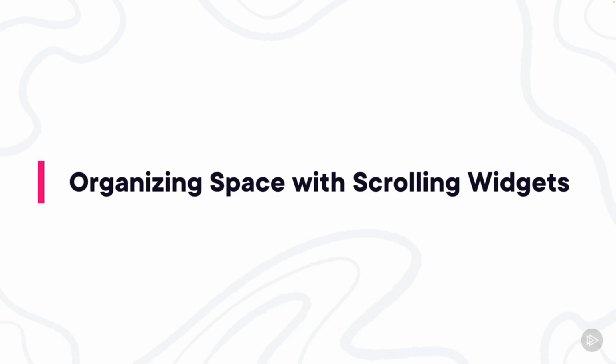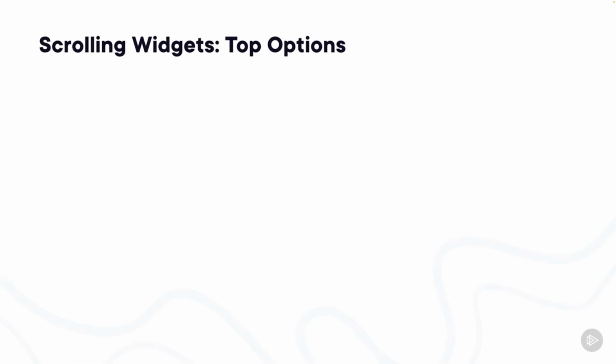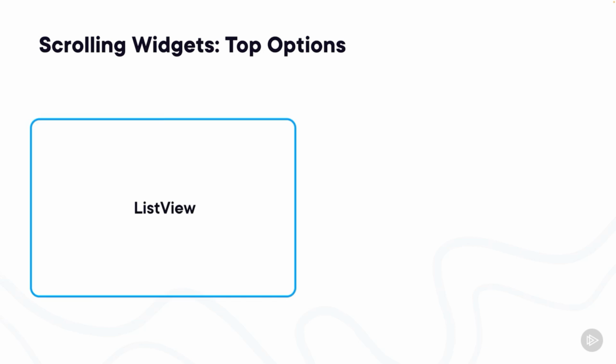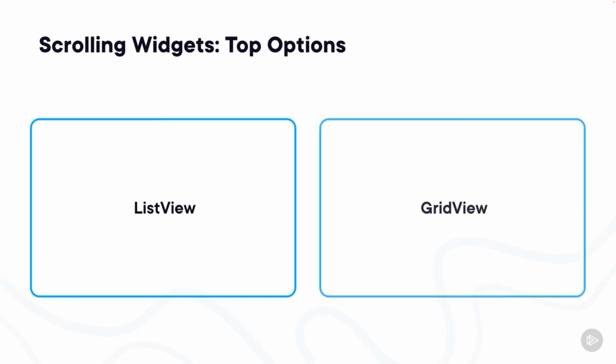When building apps with lots of content, managing space efficiently becomes crucial. Flutter provides several scrolling widgets like list view and grid view to help organize content dynamically. These widgets ensure that your app handles large sets of data while maintaining performance and responsiveness.